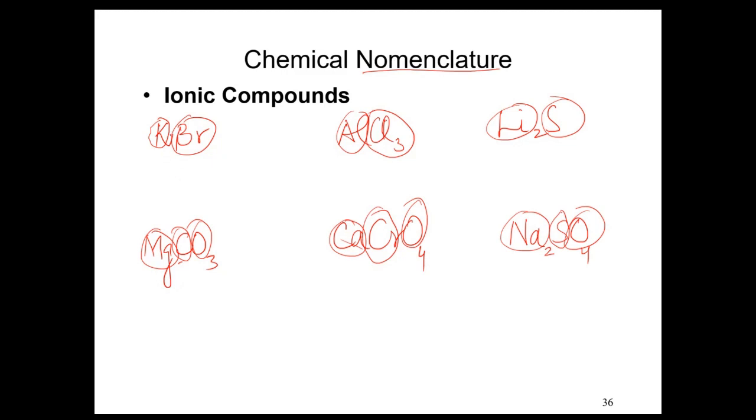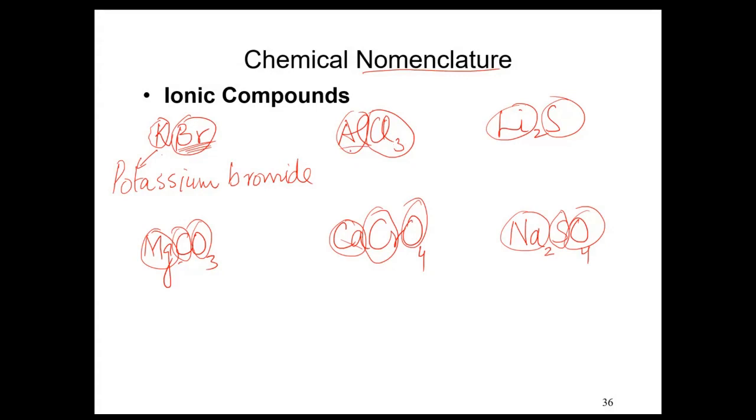Okay. Now, if 2 elements are present, then you will write the name of first element. What is K? Potassium. You will write the name of second element and end it with IDE. It is bromine, it becomes bromide. Very good, bromide.